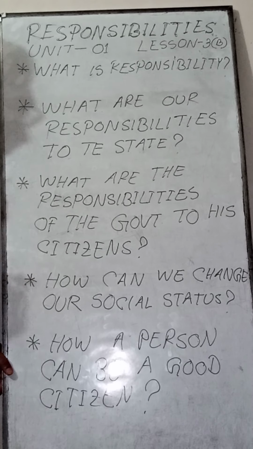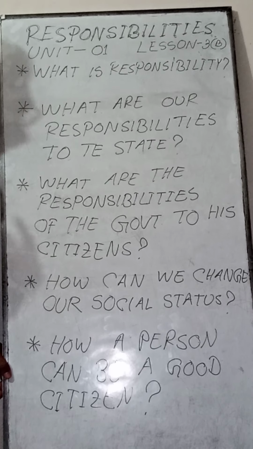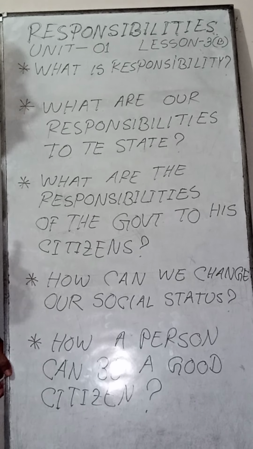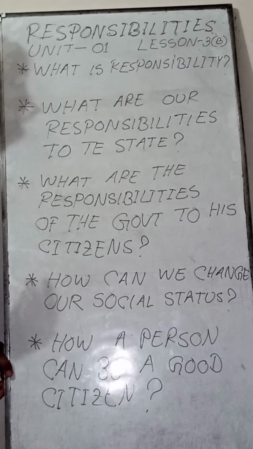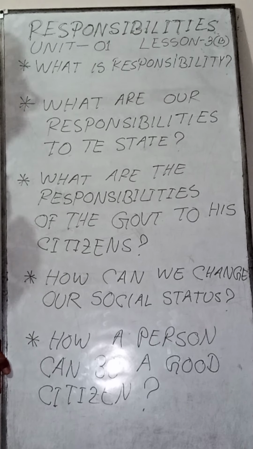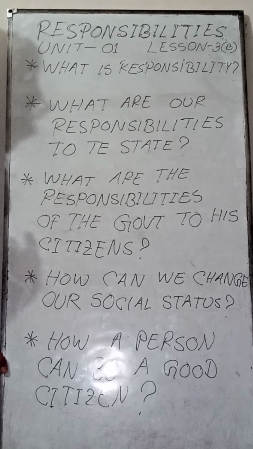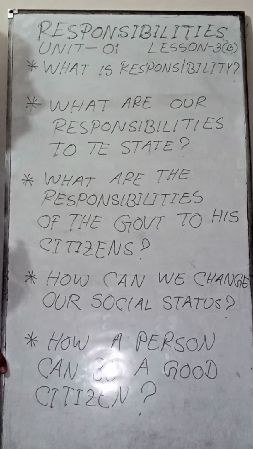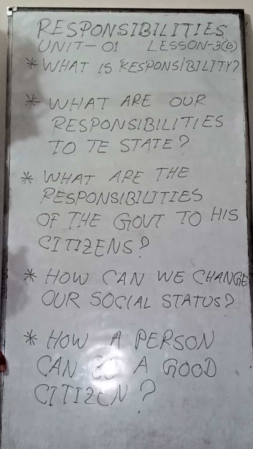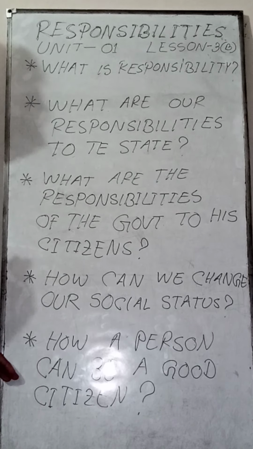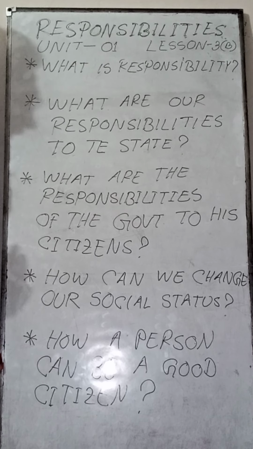To be a good citizen, we have to apply our voting rights. Every person should obey his or her responsibilities. If we follow our responsibilities overall, we can be a good citizen.